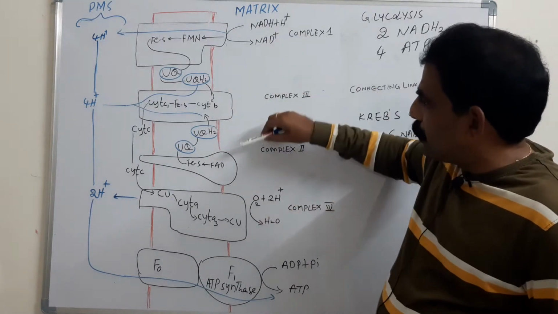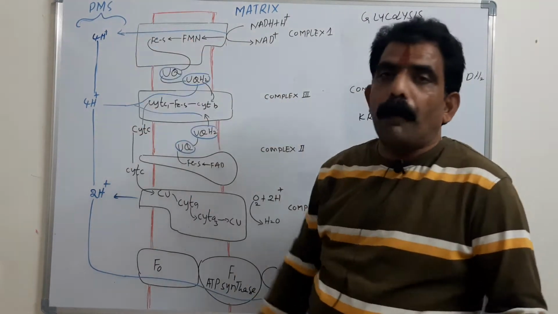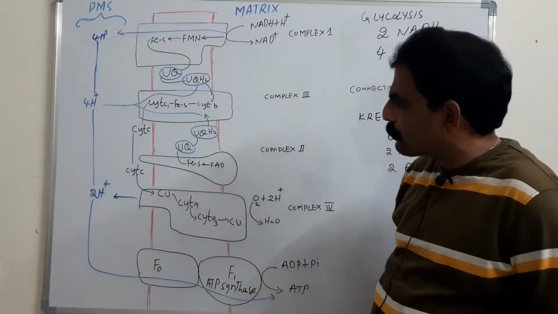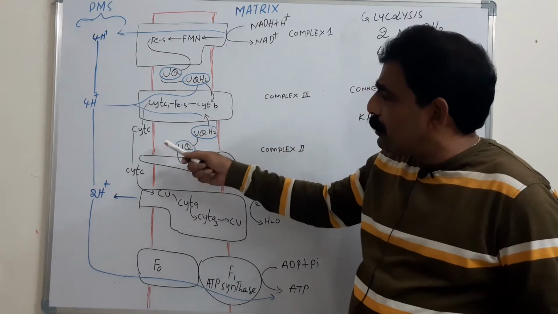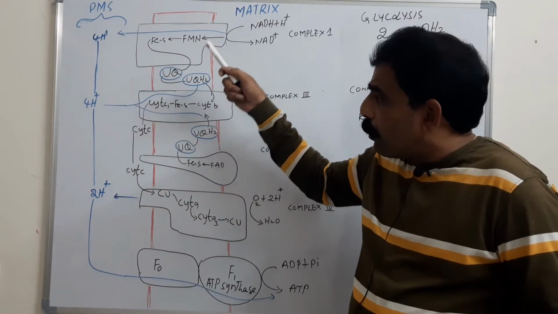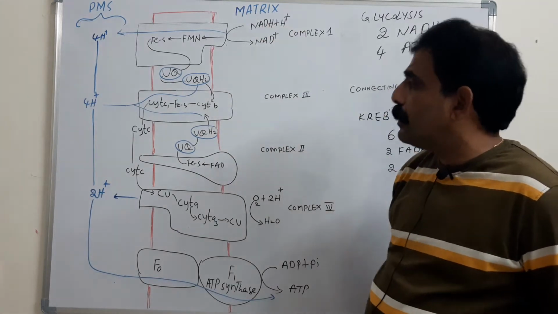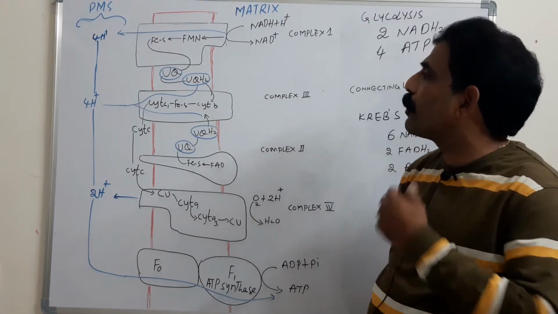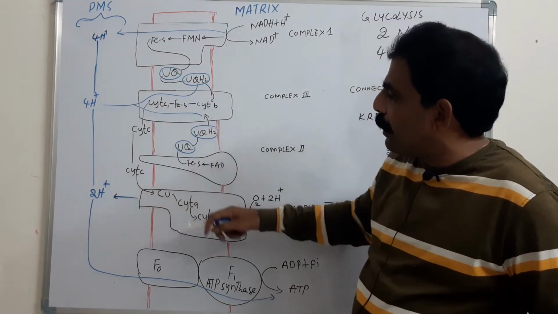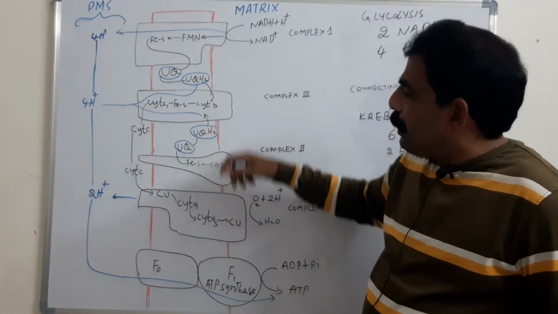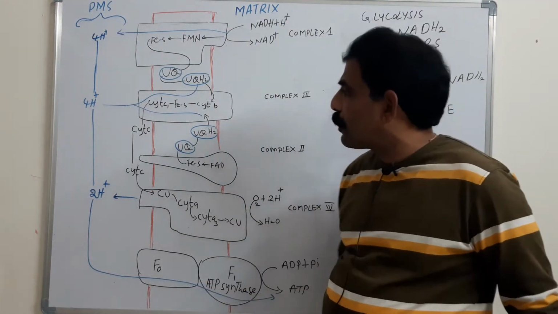So this is matrix, this is the inner membrane, and this is the perimitochondrial space. Cytochrome C is present on the outer surface of the inner membrane, whereas the mobile electron carrier ubiquinone is present in the inner mitochondrial membrane. So these two are the mobile electron carriers, while all others are located in different complexes like this.